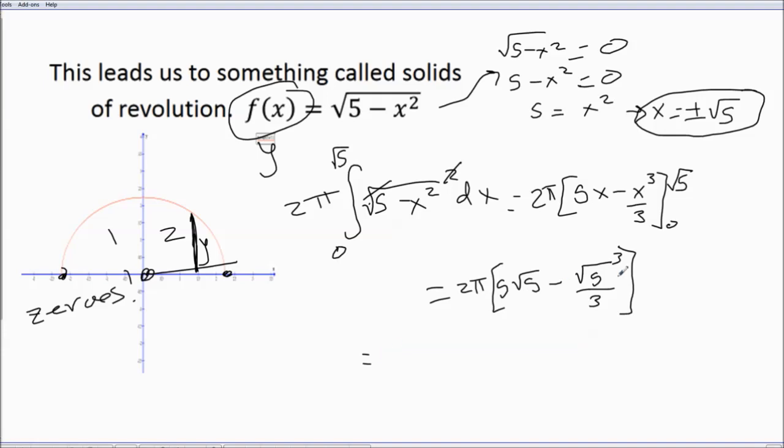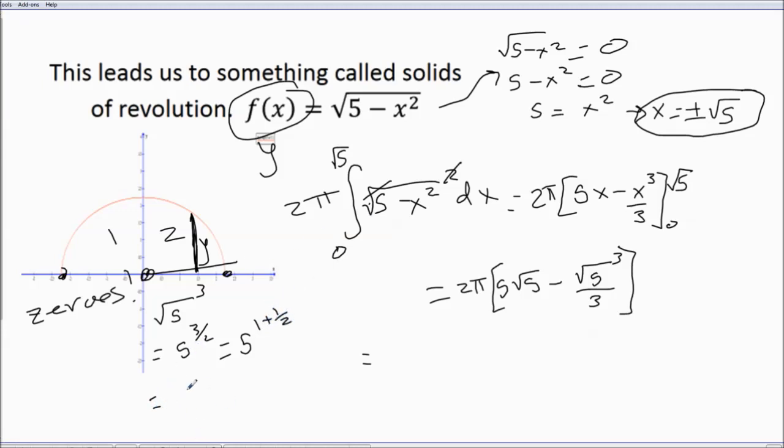Okay, so if you want to simplify, I'm just going to show you how this simplifies out. So the square root of 5 cubed is the same thing as 5 to the 3/2 power. Okay, and 5 to the 3/2 power is the same thing as 5 to the 1 plus 1/2 power, because 1 1/2 is 3/2.